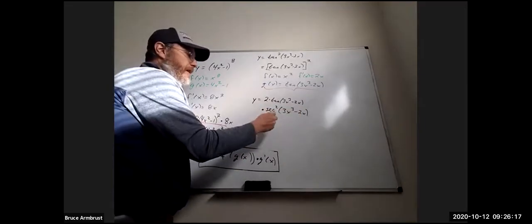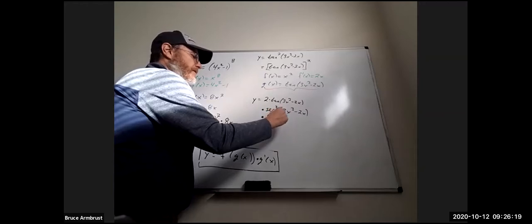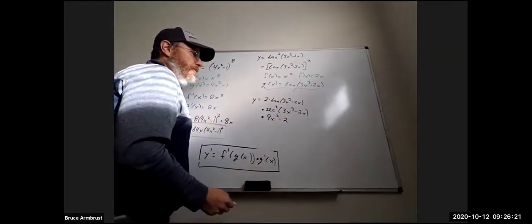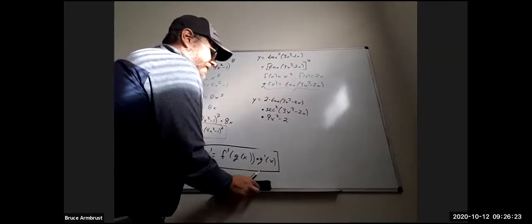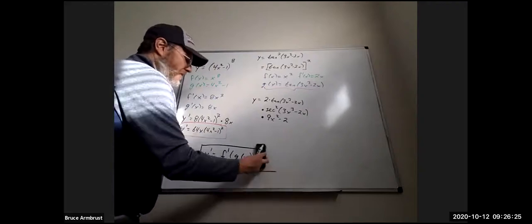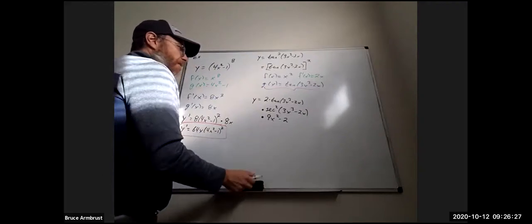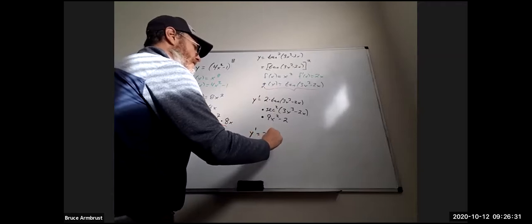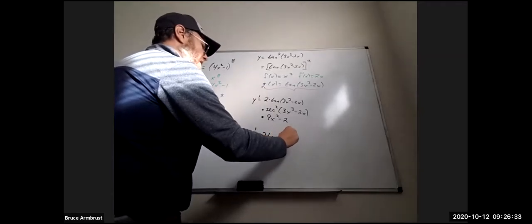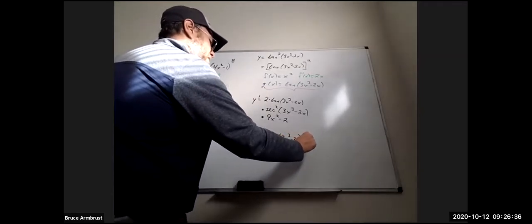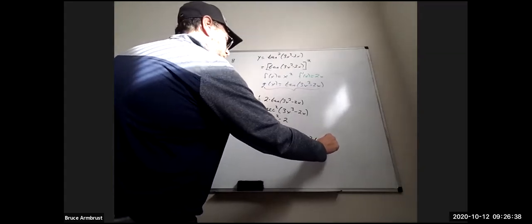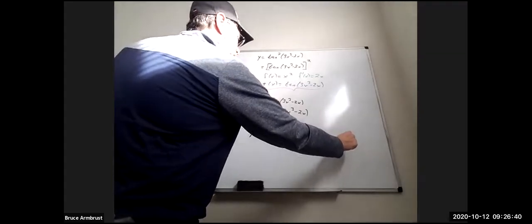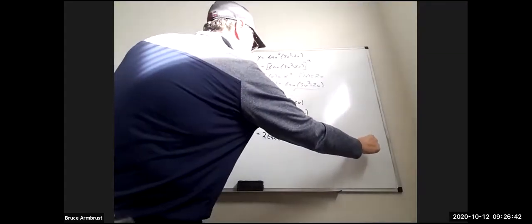Well, the derivative of what's inside there is 9x squared minus 2. So if I put that all together, here's our y prime. So y prime is 2 tangent of 3x cubed minus 2x times secant squared of 3x cubed minus 2x times 9x squared minus 2.